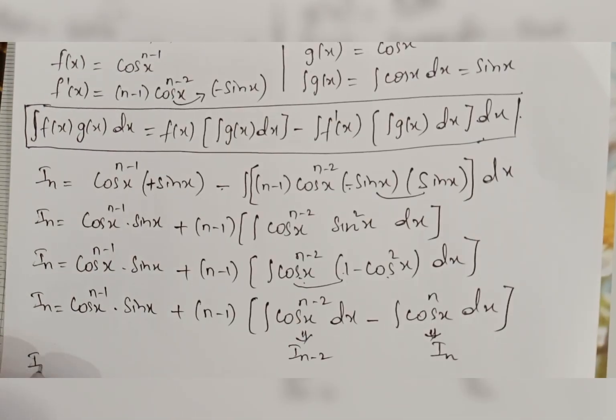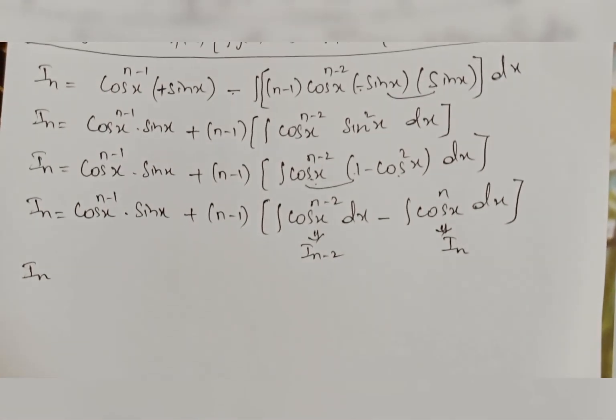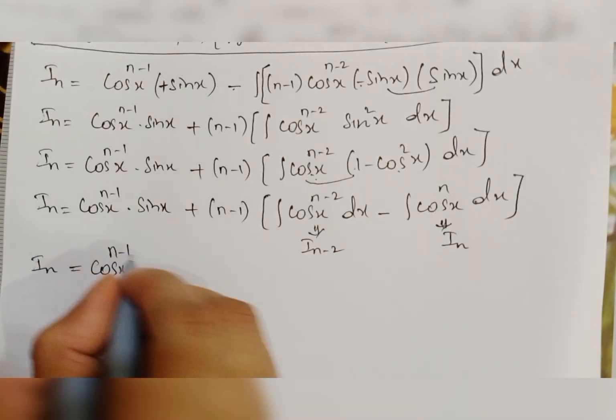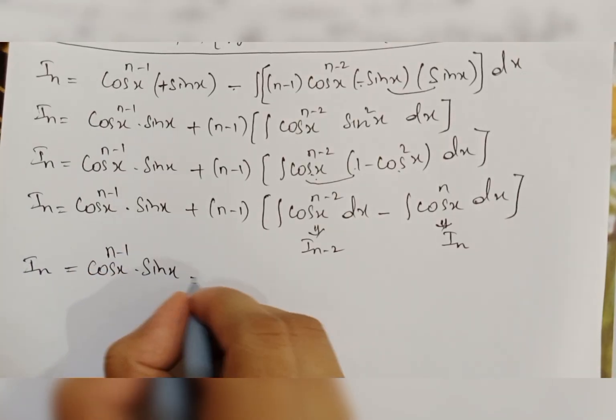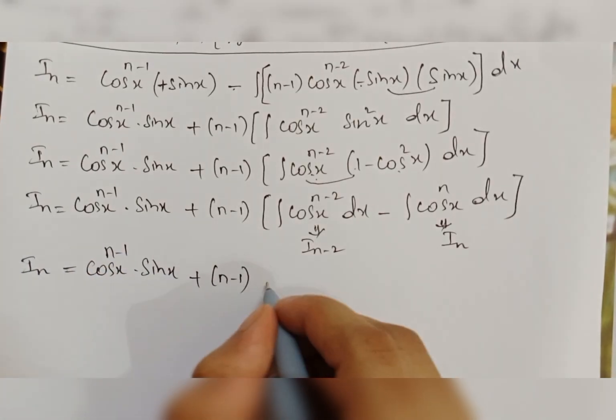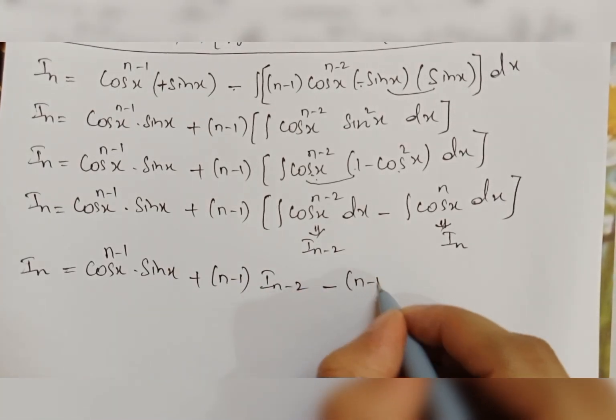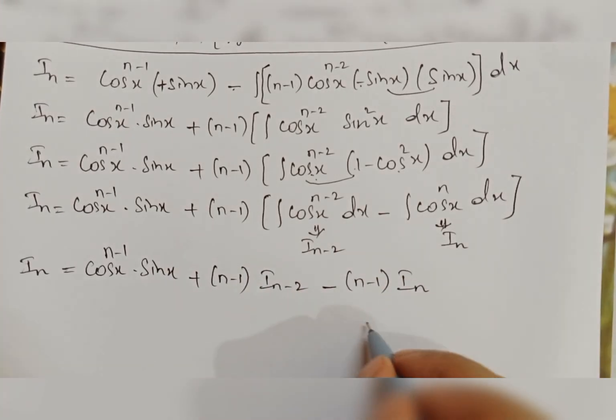So here In is equal to cos x power n minus 1 into sin x plus n minus 1 into In minus 2 minus again n minus 1 into In.